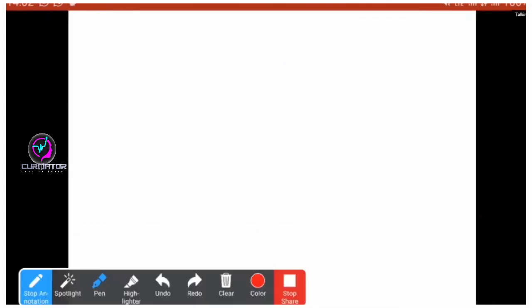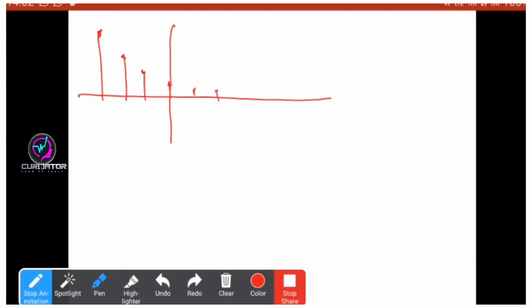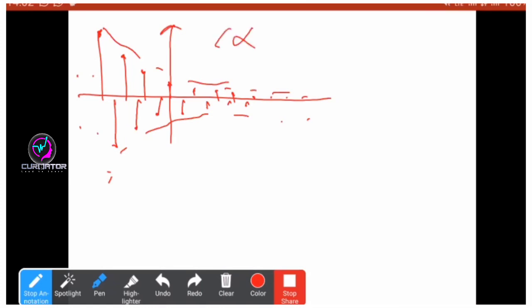Up to infinity, from infinity, it will be like this. Sinusoidal, at the same time exponentially decreasing sinusoidal signal. To get this signal, alpha's value should lie between -1 and 0.